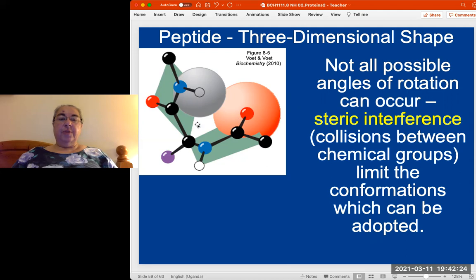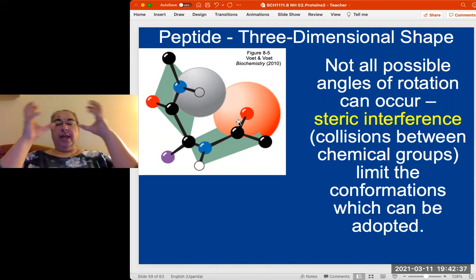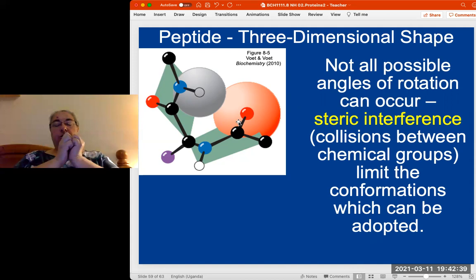So this sort of process puts limits on the possible ways that a polypeptide chain can fold up. If you have two large R groups next to each other, they can't be pushed into each other. But if you have two small R groups, they can be pushed a lot closer together than they could if they're large.